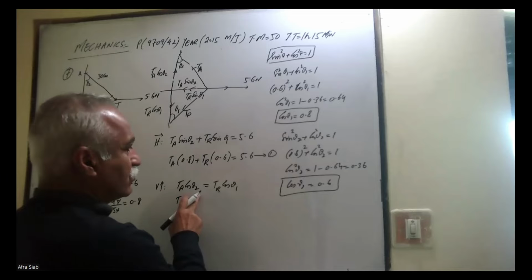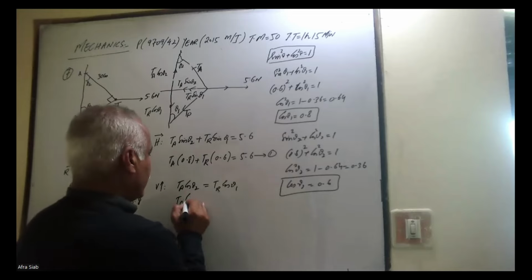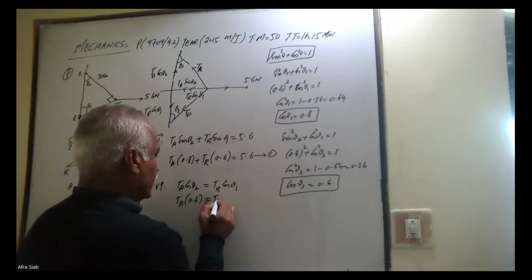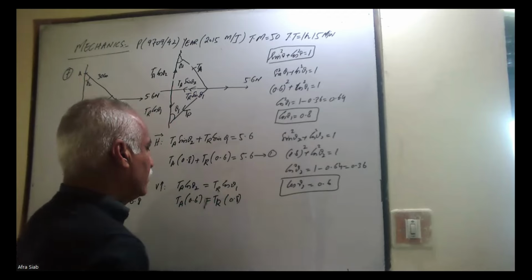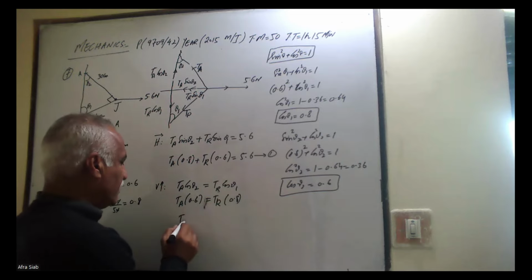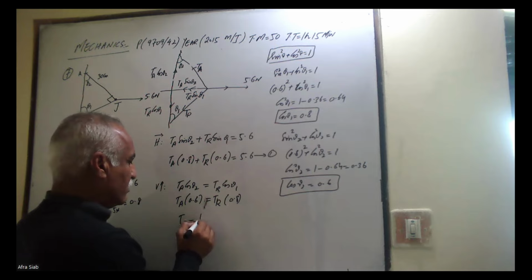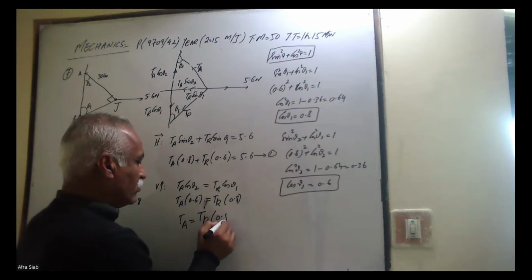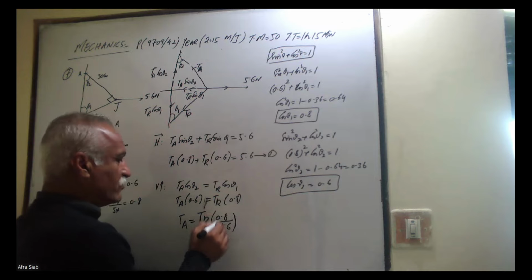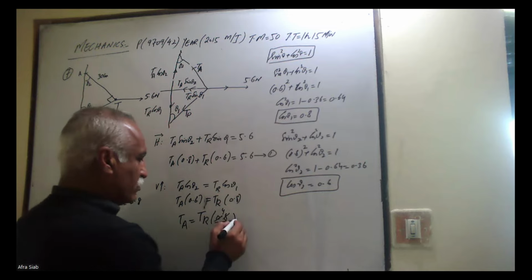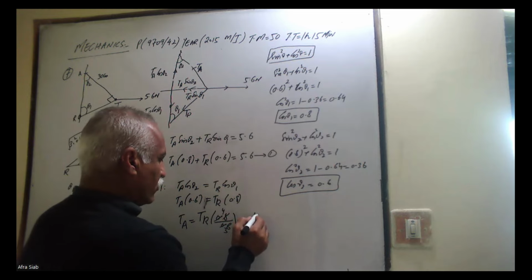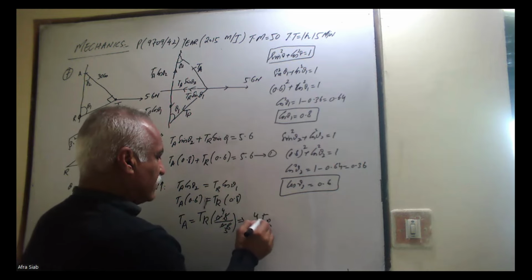So TA into 0.6 is equal to TR into cos of theta 1, which is 0.8. So you can write TA is equal to TR into 0.8 over 0.6, so that is equal to 4 over 3 TR.